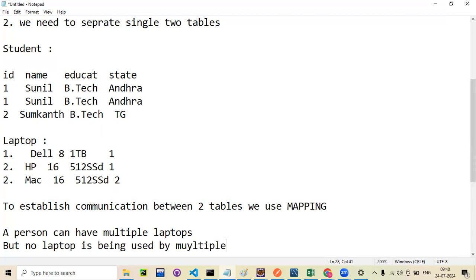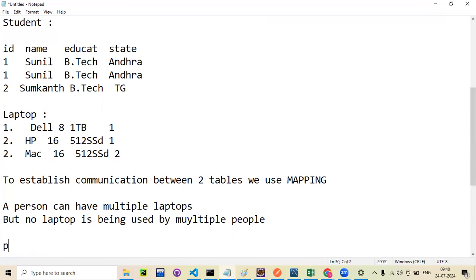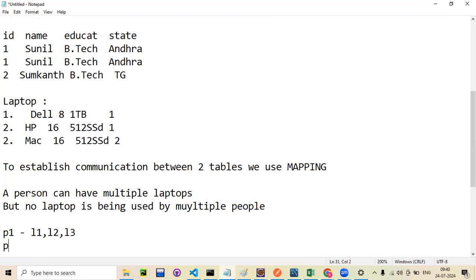I gave the example, person 1 is using L1, L2, L3, and person 2 is using L4, L5. But if you see here, no laptop is being used by multiple people. Am I correct?